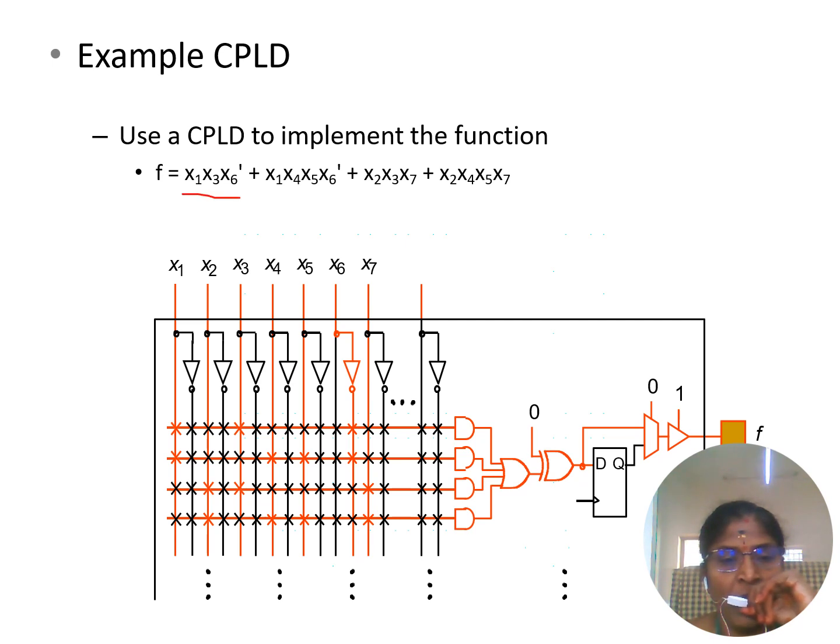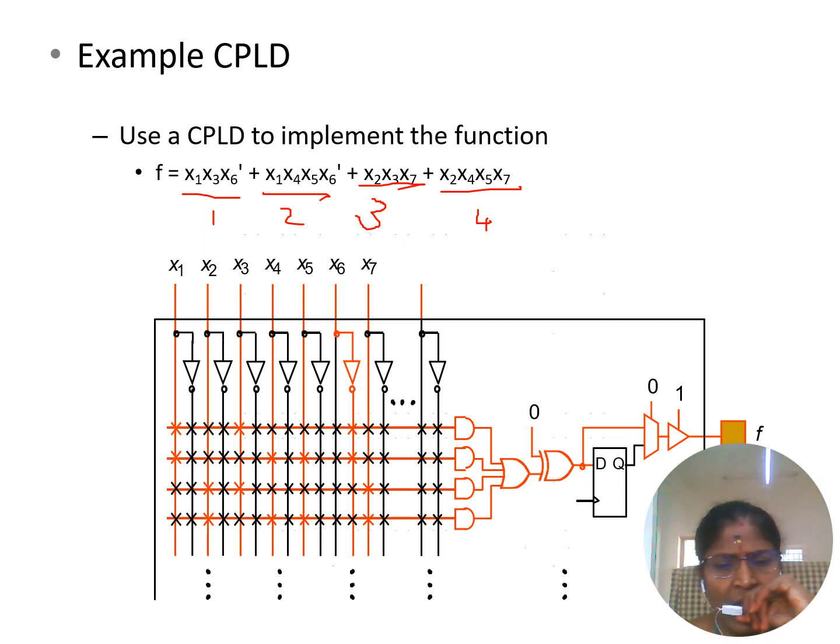So four AND gates are present. The first AND gate is x1, x3, x6 dash. X1 has the red color mark, then you have x3, then x6 dash, which is the inverted line.